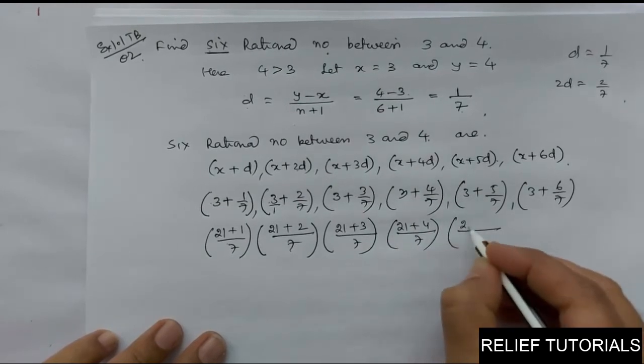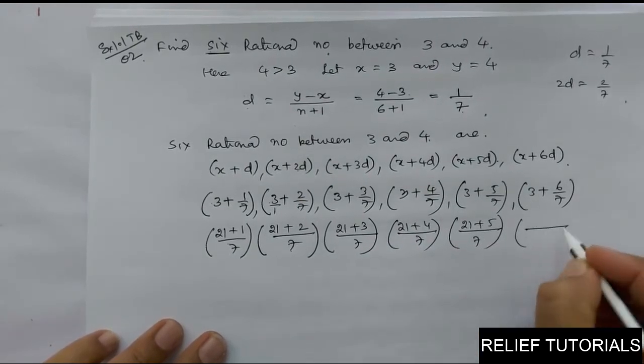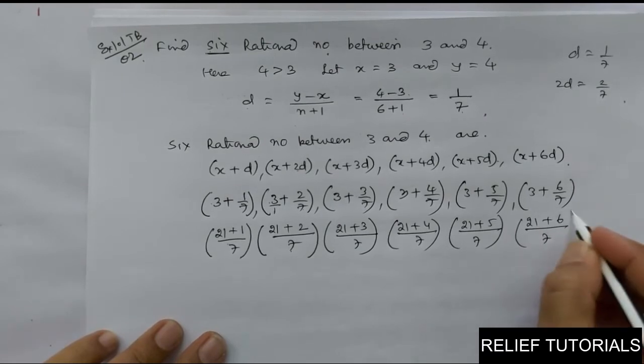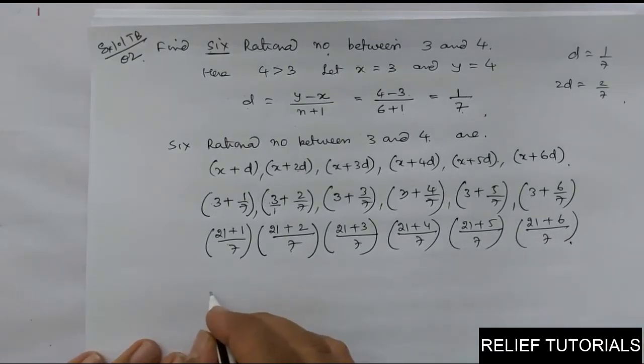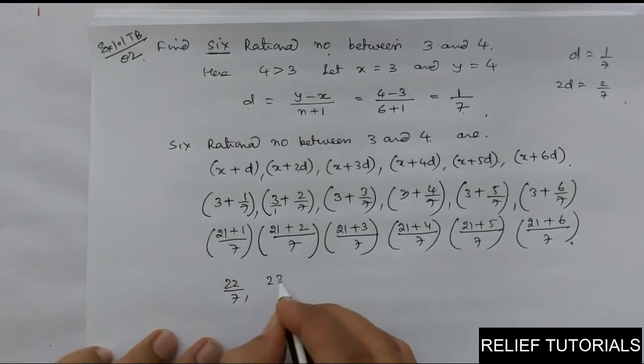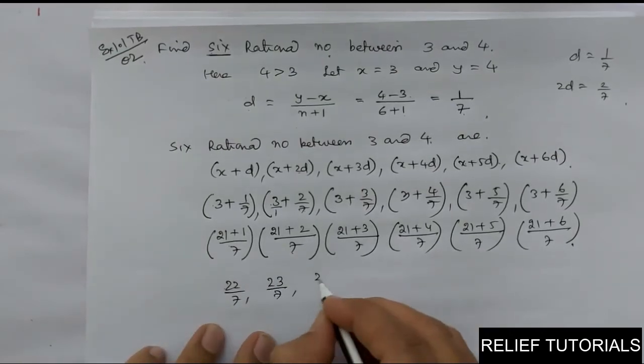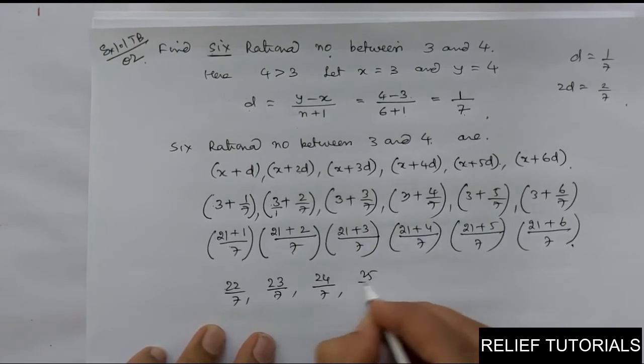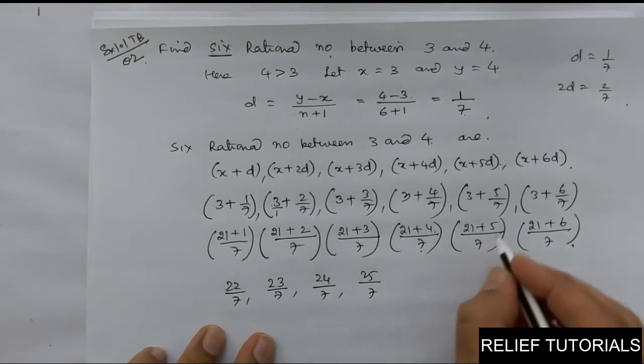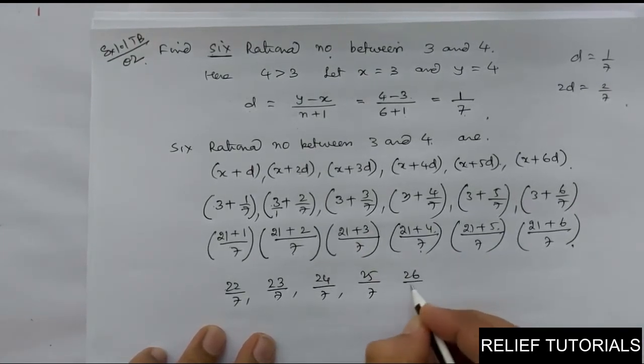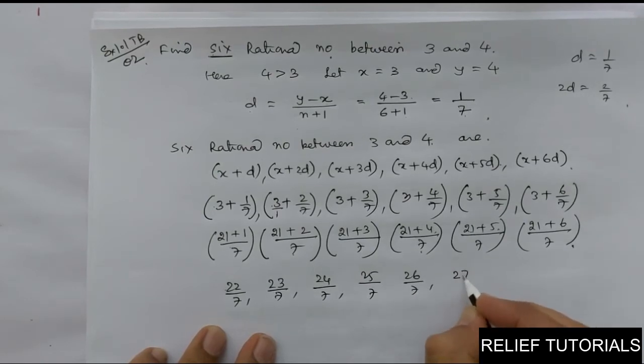Here 7, that is 21 plus 5. Here 7, that is 21 plus 6. So the numbers are 22 by 7, 23 by 7, 24 by 7, 25 by 7, 26 by 7 and 27 by 7.